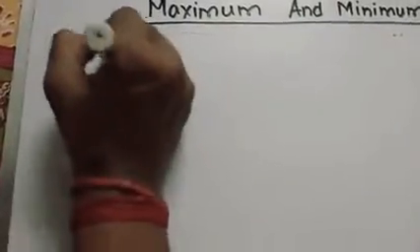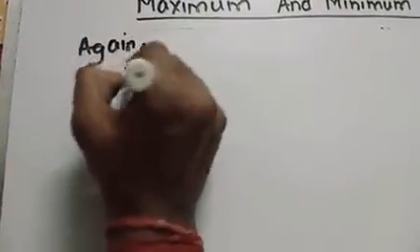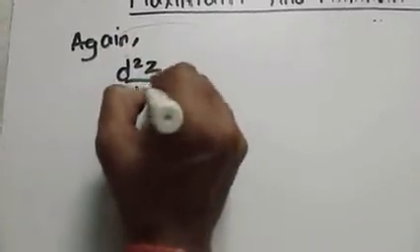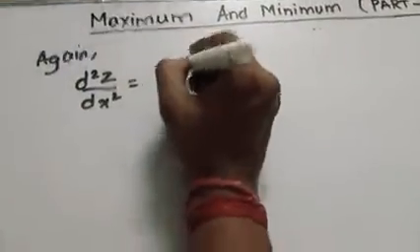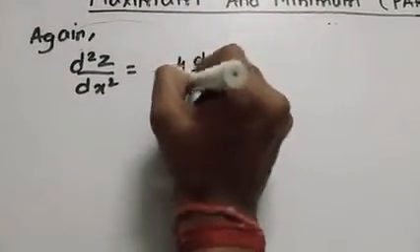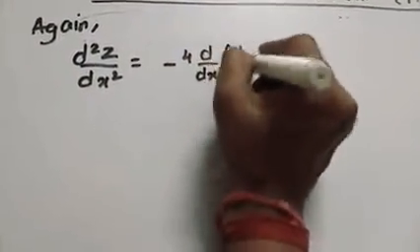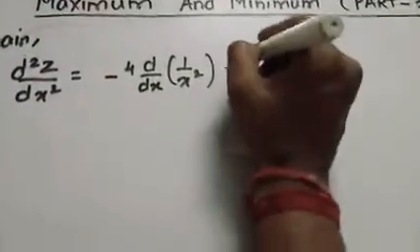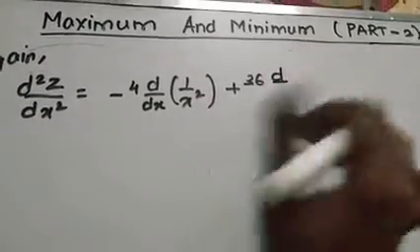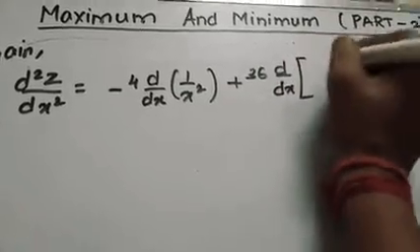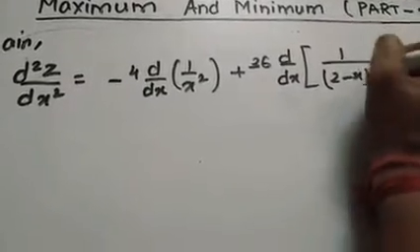Again, the double derivative, that is d2z by dx2, is differentiating expression 1 again. So again minus 4 is a constant and comes out of the derivative, only d/dx of 1 by x square remains, plus again 36 is a constant and comes out, and here d/dx of 1 by 2 minus x whole square.